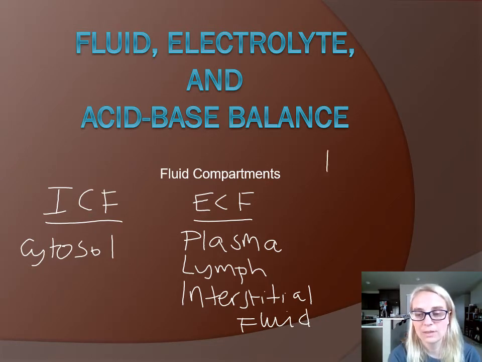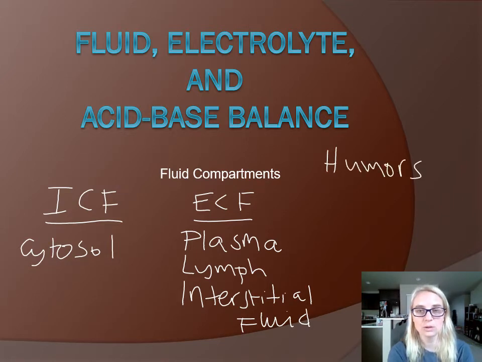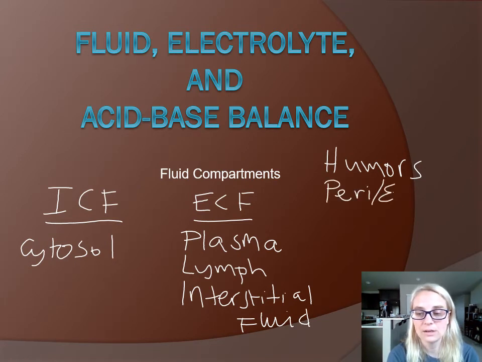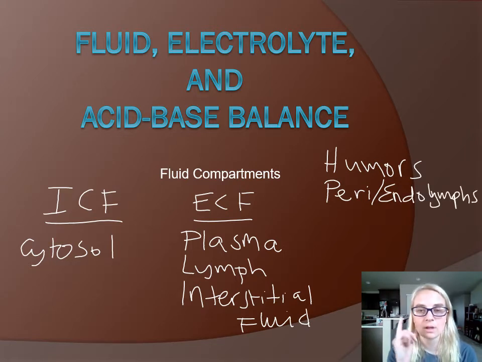If you remember, we had the humors in our eyes, vitreous humor and aqueous humor. We had our lymphs in our ears, perilymph and endolymph. Let's see, what other fluids do we have outside of cells beyond plasma, lymph, and interstitial fluid? We had synovial fluid.